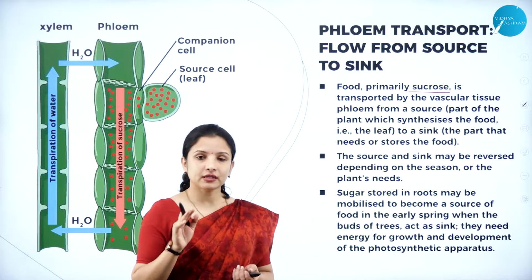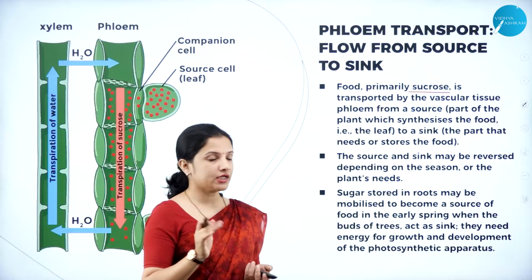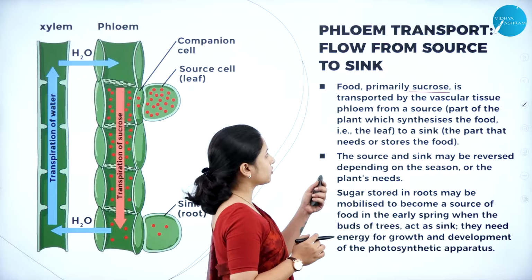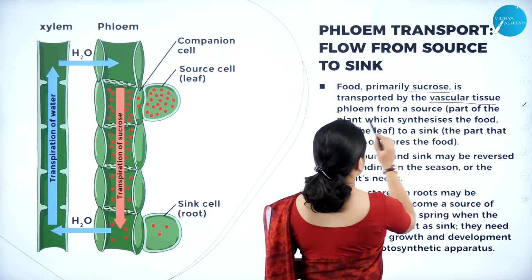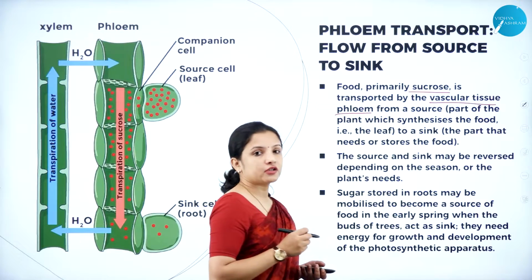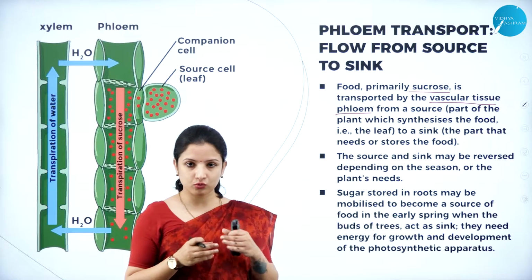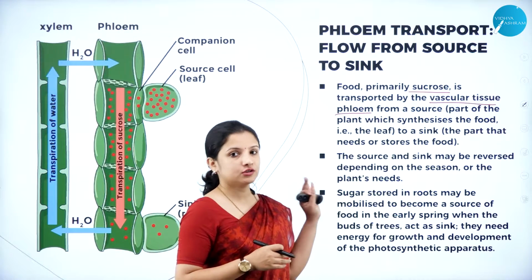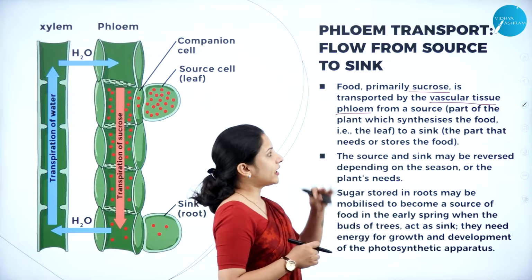So, in the plant leaves, glucose gets converted into sucrose and then it actually travels. So, the food, which is primarily in the form of sucrose, is transported by the vascular tissue, which is phloem. So, we are talking about the food source here, right? So far, we were talking about water and mineral ions. Now, we are talking about the food source, that is sucrose, which is transported by the vascular tissue.